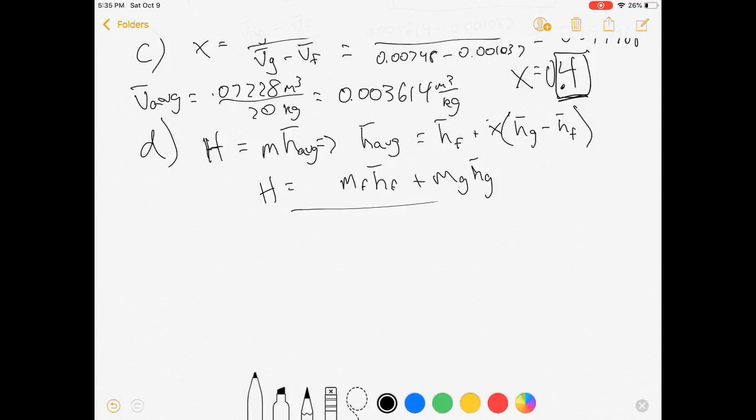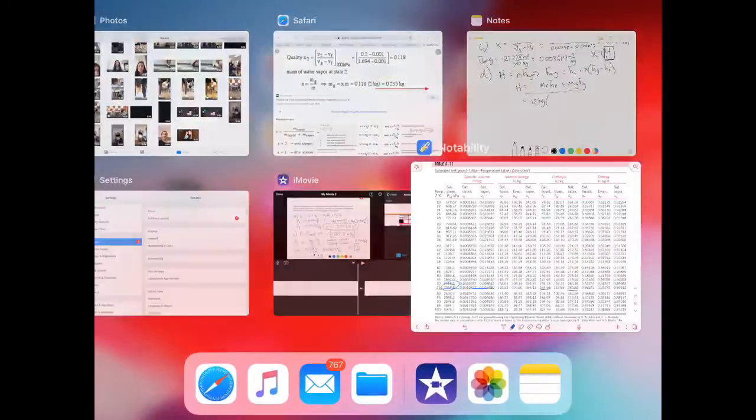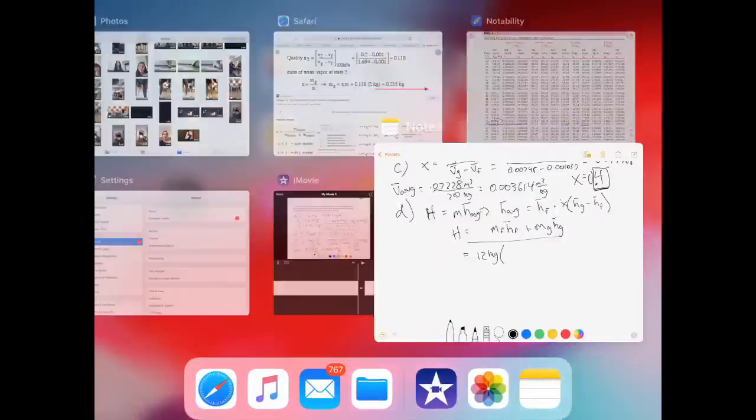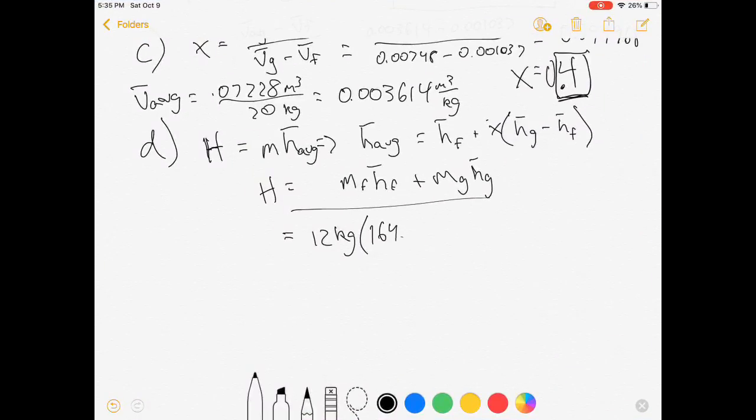So I'll do this way first. So that would equal 12 kilograms times 164.98 kilojoules per kilogram plus 8 kilograms times 280.82 kilojoules per kilogram.